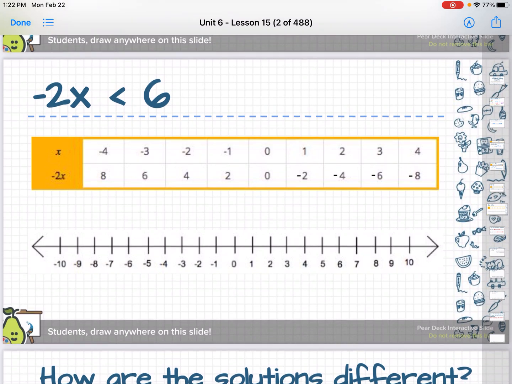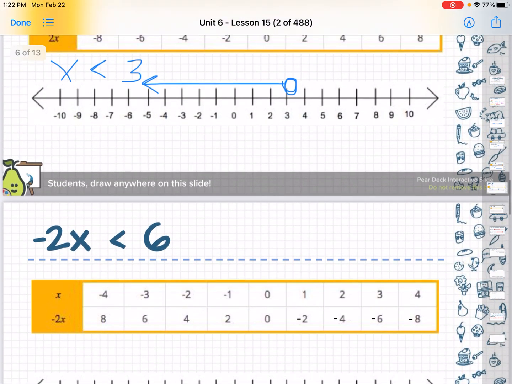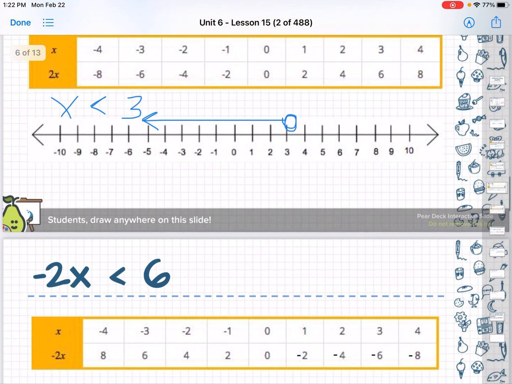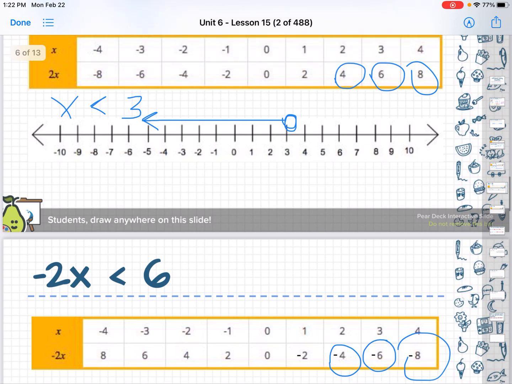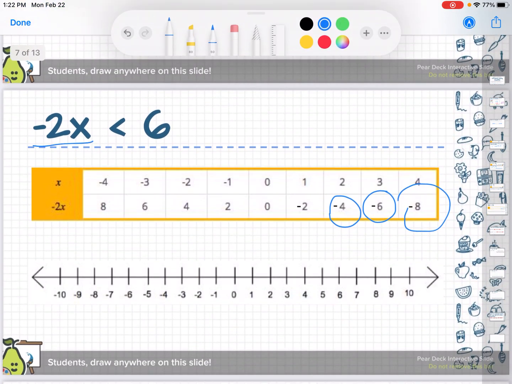Now this one's where it gets tricky because we've got all these negative numbers. So if I look at the two tables, if you see here, there's a change. So when you divide by a negative, you have to flip the direction of the inequality. So x then is greater than negative 3 because I have to flip the inequality when I divide by a negative number.